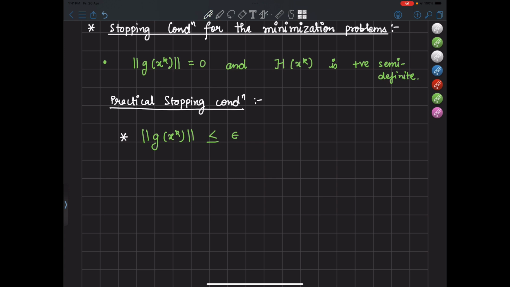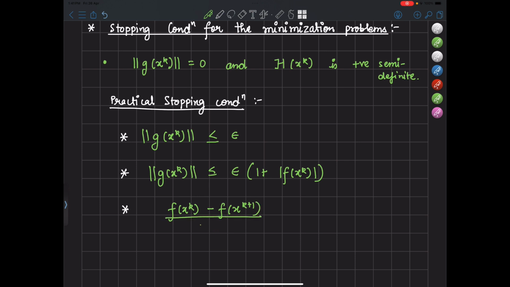There are certain other stopping conditions as well, like the norm of the gradient at xk should be less than or equal to epsilon times 1 plus mod of f of xk, or f of xk minus f of xk plus 1 upon mod of f of xk should be less than epsilon, some small value. In this course, we'll use the first stopping condition.